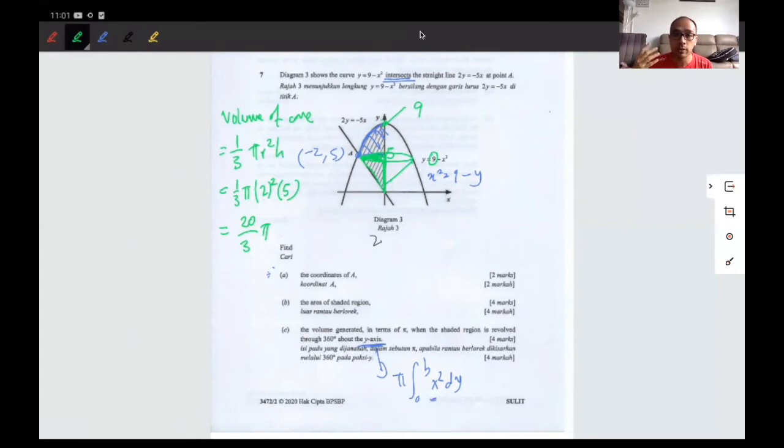If you find that you still don't like integration, it's okay. Focus on the questions that you can do and also the paper 1 questions, because integration questions are not that many. If you're not aiming for an A+, then don't worry so much about it. If you're aiming for the A+, you need to make sure you get these integration questions correct.